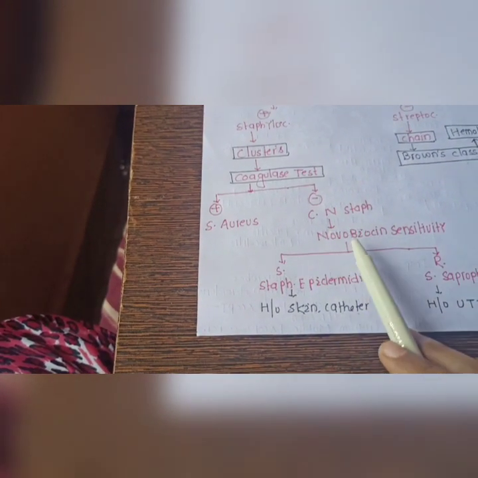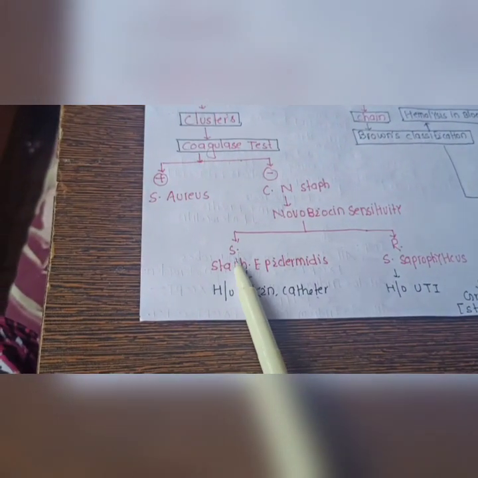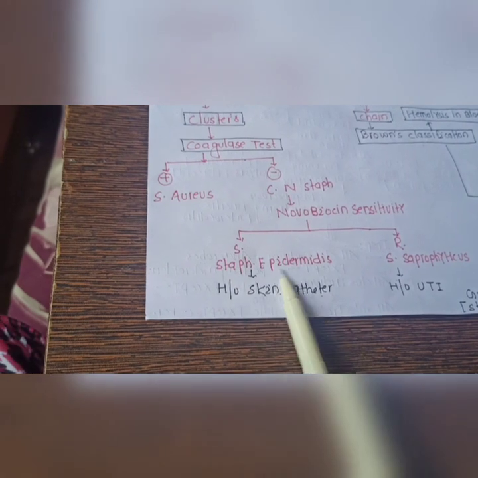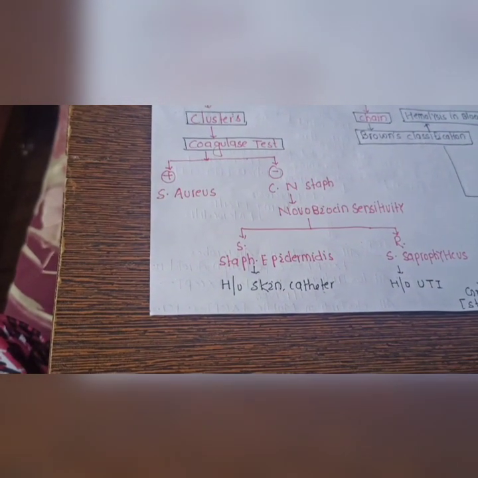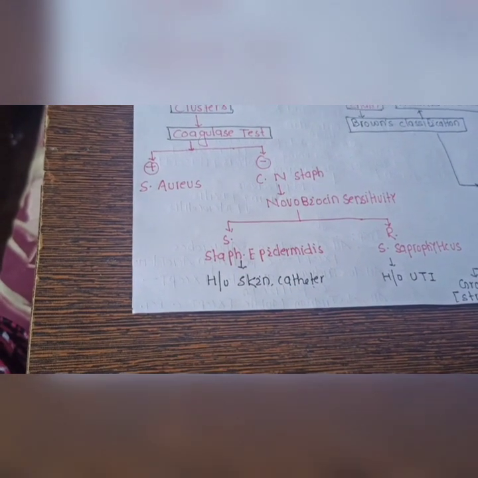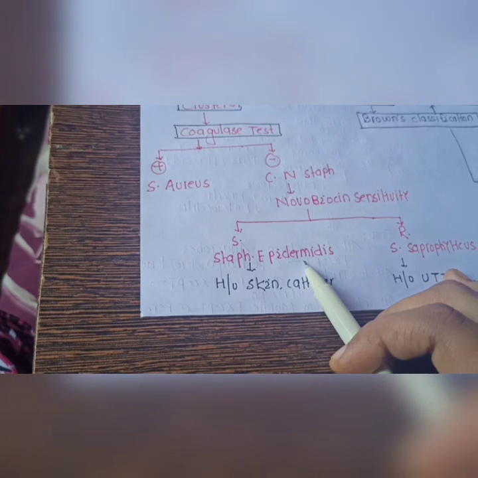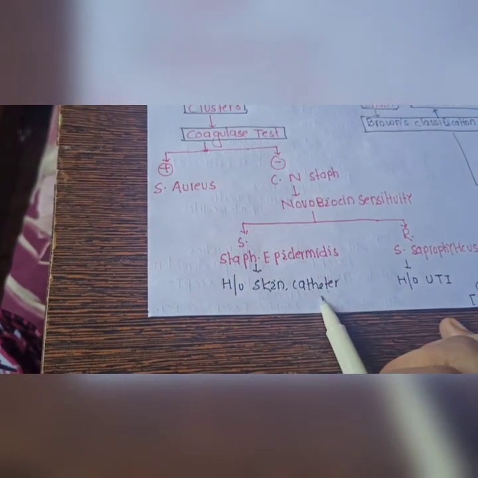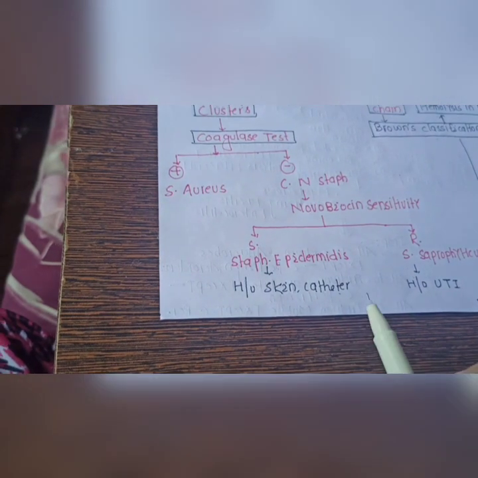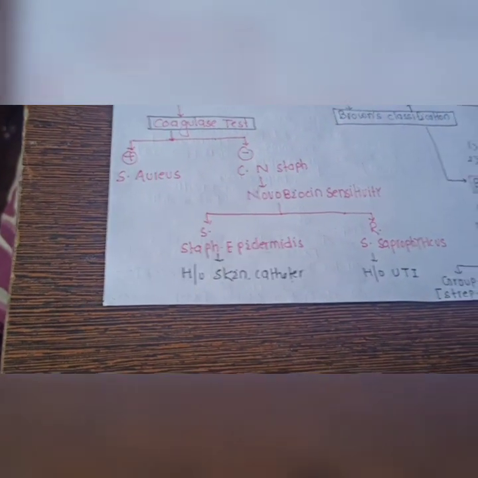N for negative, N for novobiocin sensitivity. According to novobiocin sensitivity, if sensitive, it is Staph epidermidis. How will we recognize a question about Staph epidermidis? Epidermis, a layer of skin. In the question there will be a history of skin catheter, hospital admission or IV line treatment.